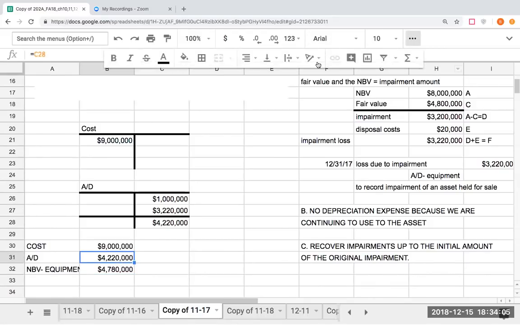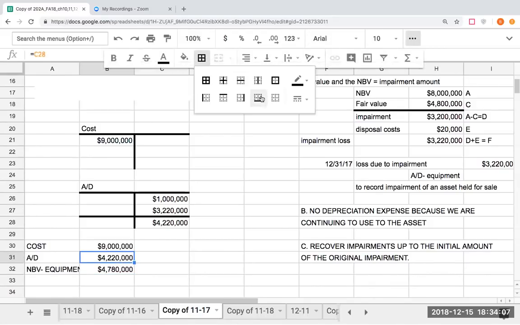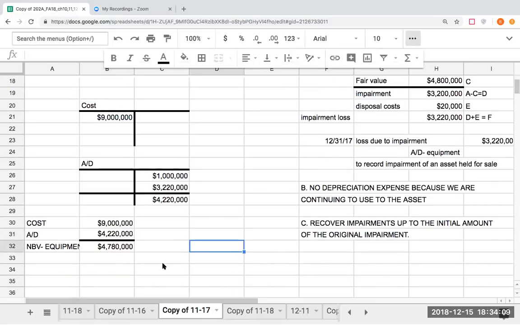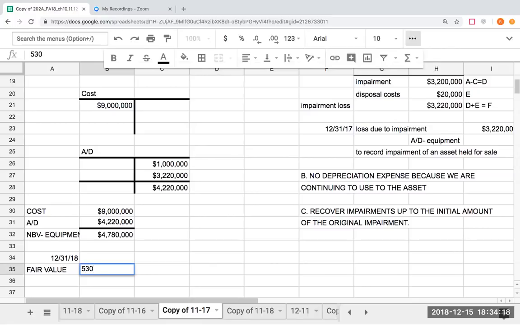This is what was on my books. And now we're being told that as of 12/31/18, the fair value is 5.3 million.